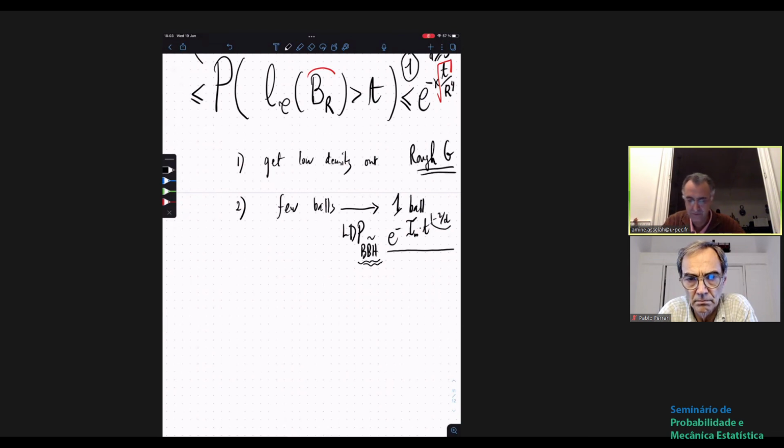This was very rough, but this is very sophisticated. The one ball business, or the large deviation in finite time, is a sophisticated business, which requires a lot of very precise estimates, not just asymptotics. I see, thank you. Precise estimates, and it's a lot of work. This was a lot of work.